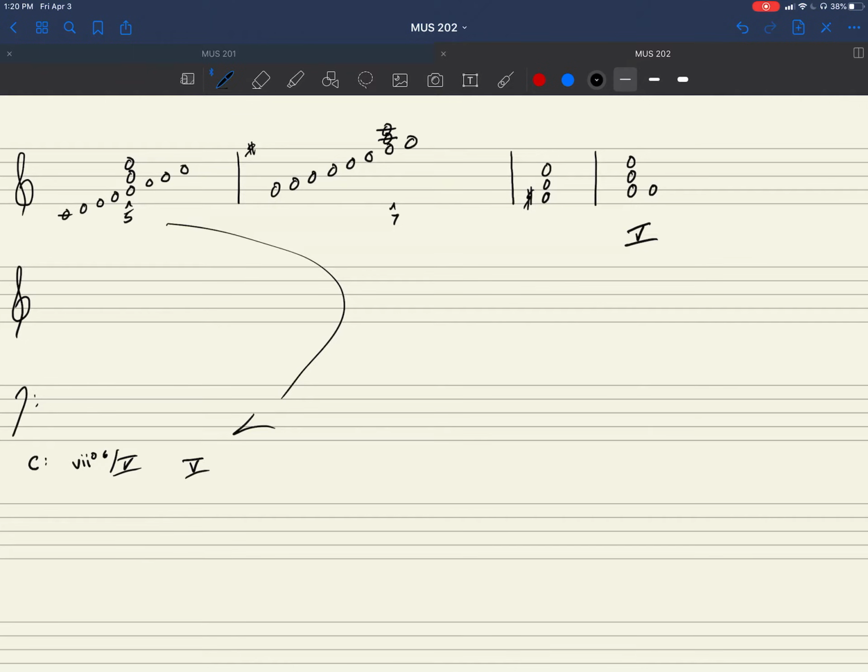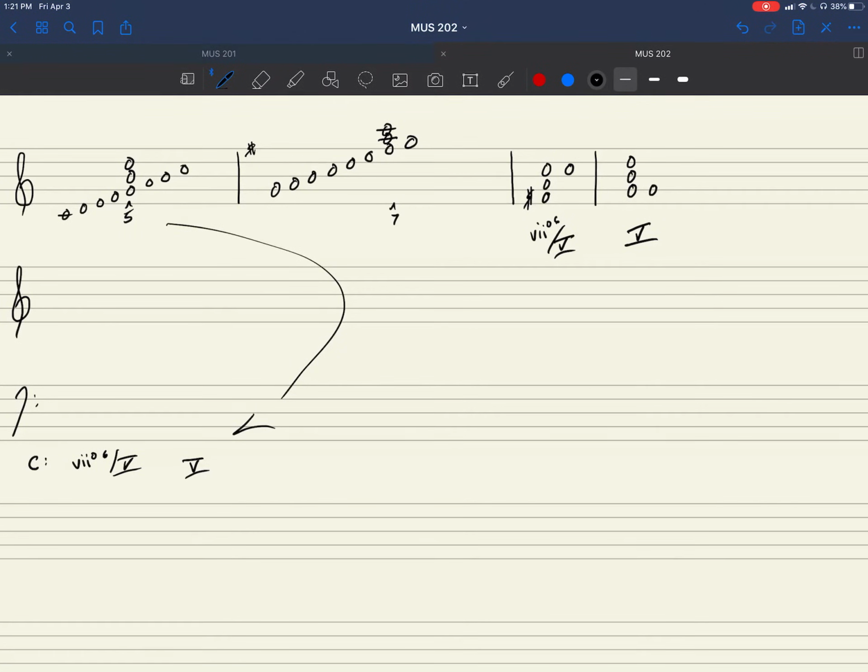It's in root position. For our diminished triad, for our secondary leading tone chord, if you remember, you don't want to double the root of a diminished triad. You typically want to double the 3rd or the 5th. So in this case, I'm going to go ahead and double the 5th.